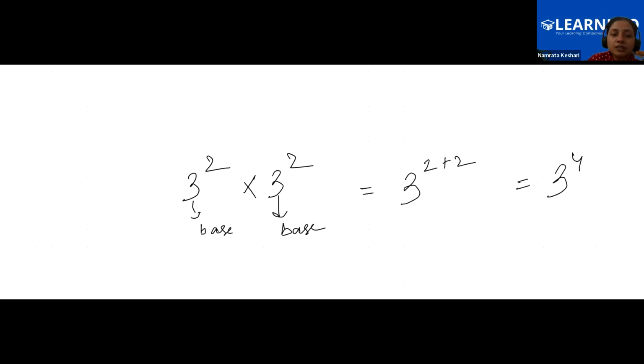The next rule, rule number 2, is when the bases are the same and powers again can be same or different, doesn't matter. If there is a division in between, instead of multiplication, then you have to subtract the powers.